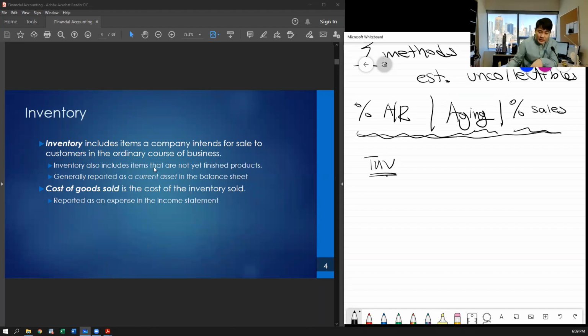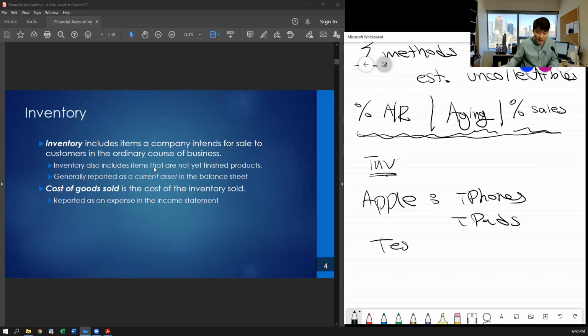So inventory is any items that the company sells to customers. For Apple, iPhones and iPads are the types of inventory the company will be reporting. For Tesla, Model 3, Model S, Model X, or Model Y are the types of inventories the company will be reporting.